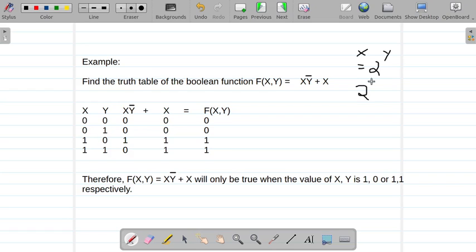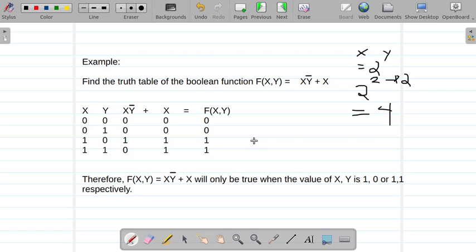So the number of rows is 2 to the power of the number of variables. With only two variables, the truth table you create has 4 rows.